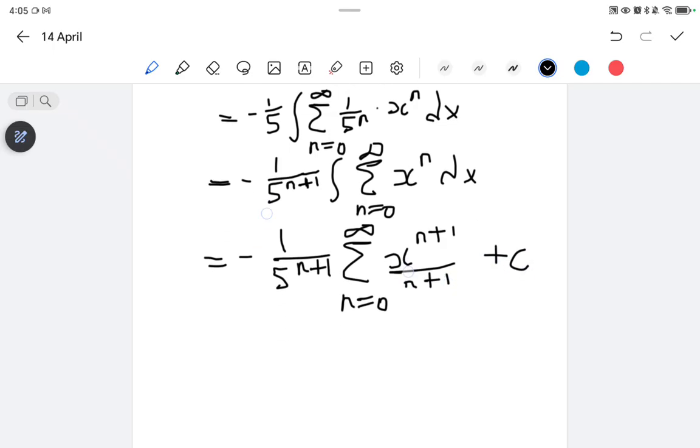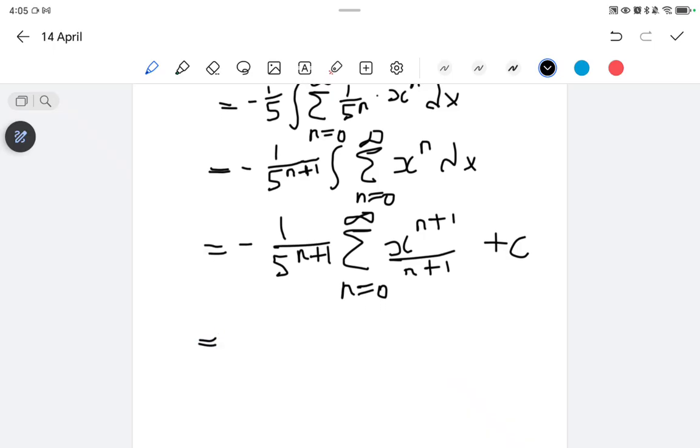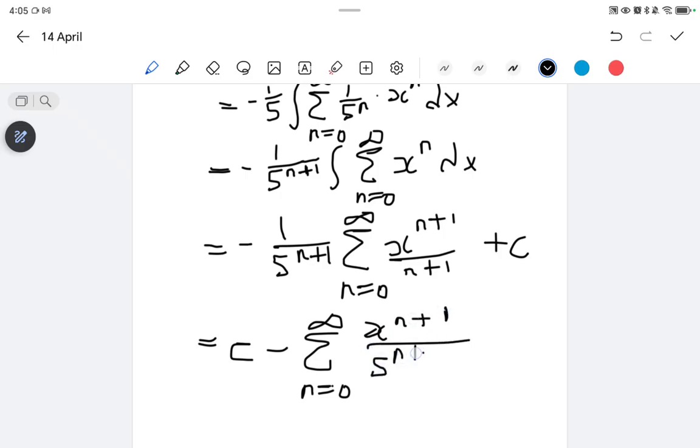Right, so I can start with c, say subtract, then I take that constant inside if I want: x to the n plus 1 over, I put this on the denominator, 5 times n plus 1. Is it right?